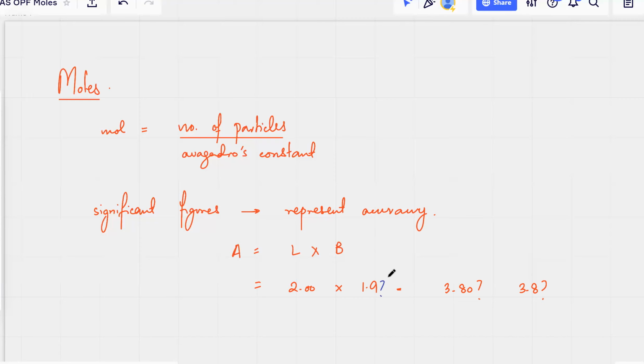The third significant figure becomes a question mark because you're not sure what that is. Is it 1.90? Is it 1.91? Is it 1.12? You have no idea what follows after that. So the third significant figure becomes doubtful, which is why your answer cannot be more accurate than the number that is the least significant. It follows the least significant figure accuracy.